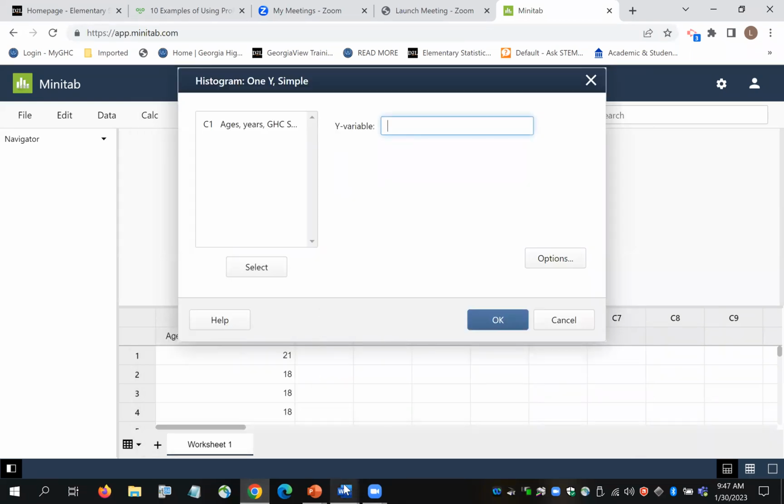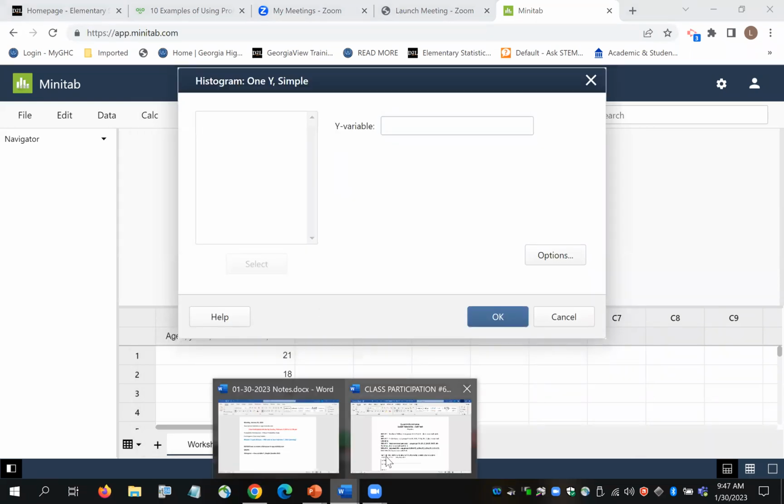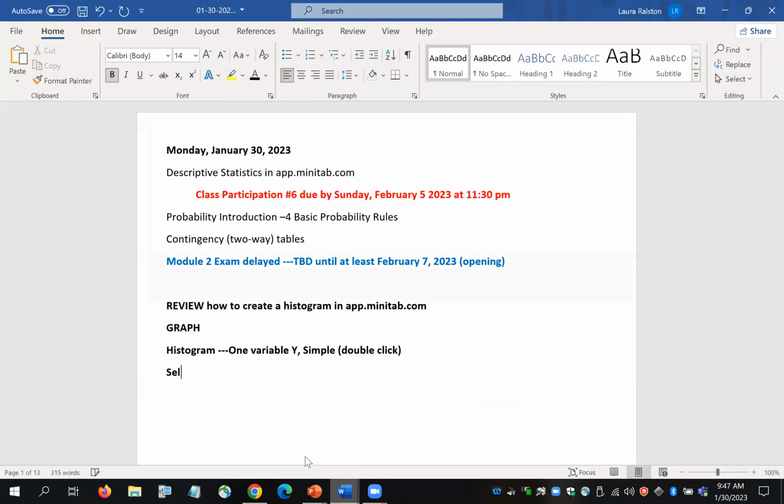Then we have to select the variable. Let's say we're going to select the y variable. I use the options button and I want to click, you want to choose data labels.